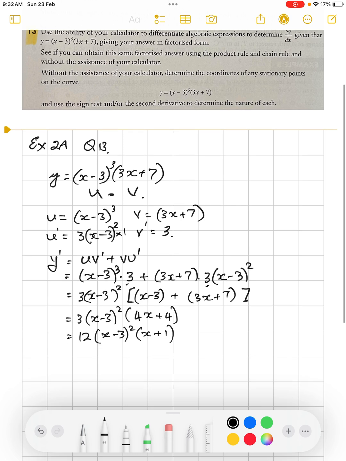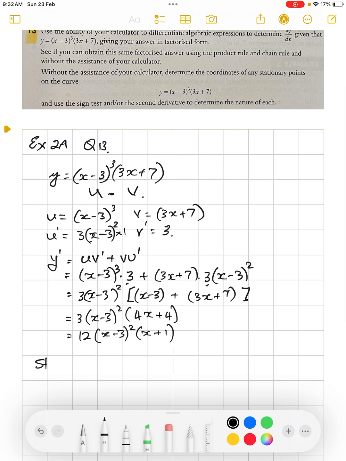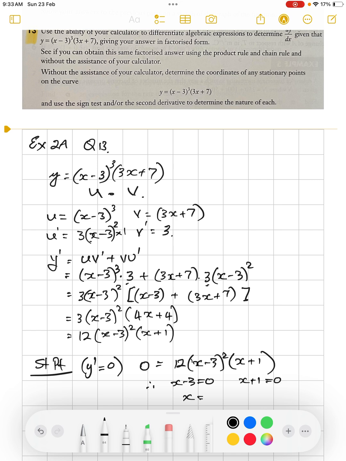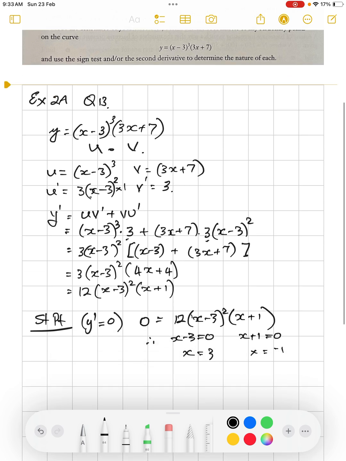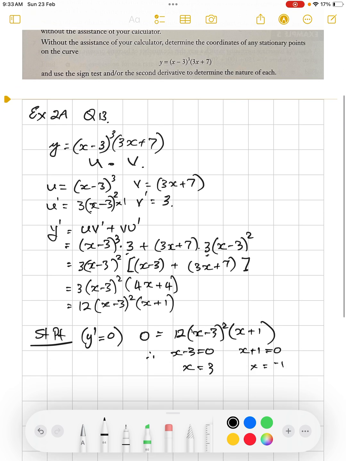Now we want the stationary points. The stationary points is when dy/dx, y', equals 0. So we let our derivative, (x − 3)²(x + 1), equal 0. Therefore, x − 3 is 0, so x could equal 3, or x could equal −1. Now we want the coordinates.